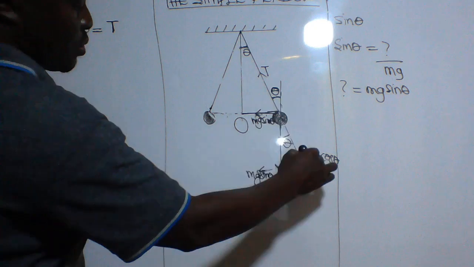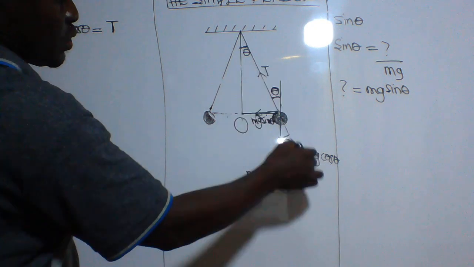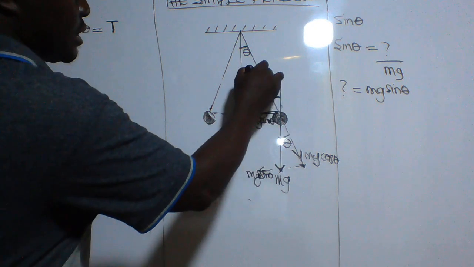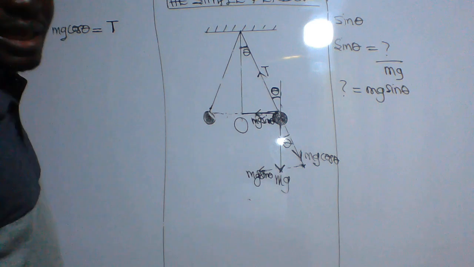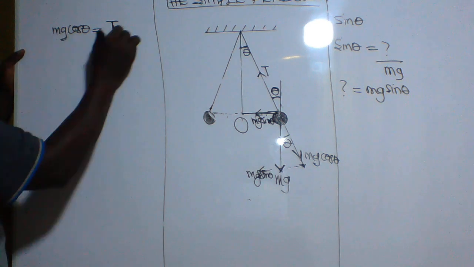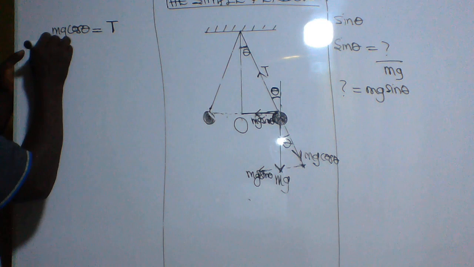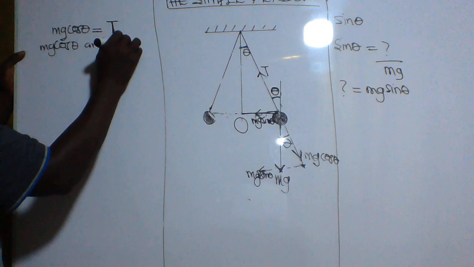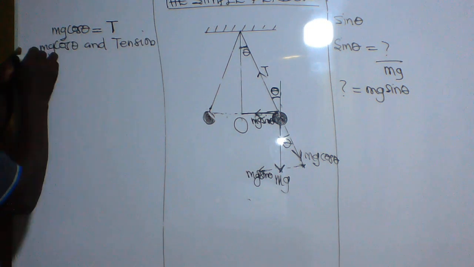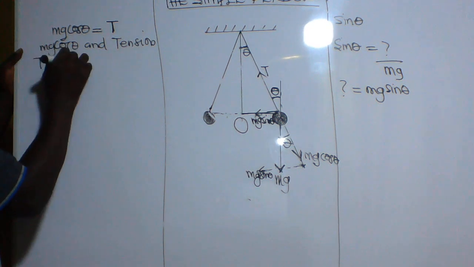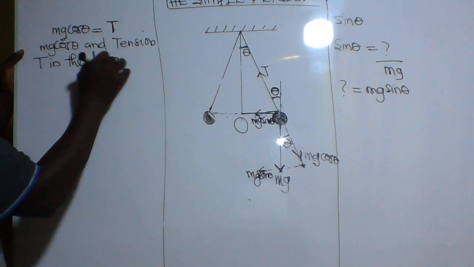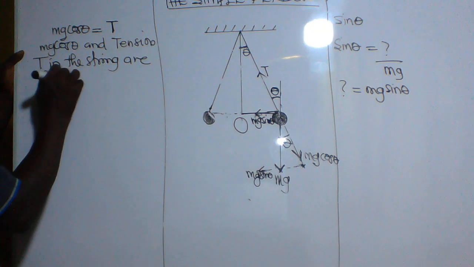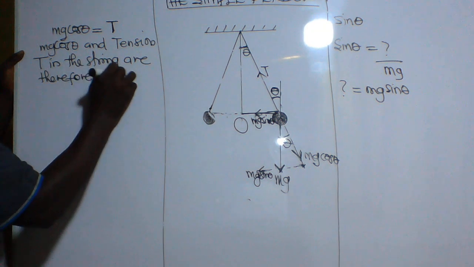So this component mg cos theta is balanced by the tension T in the string. These two forces we say are therefore in equilibrium.